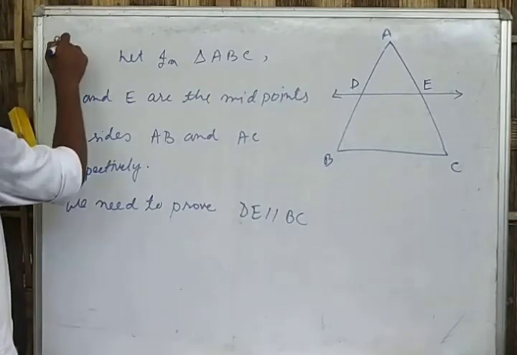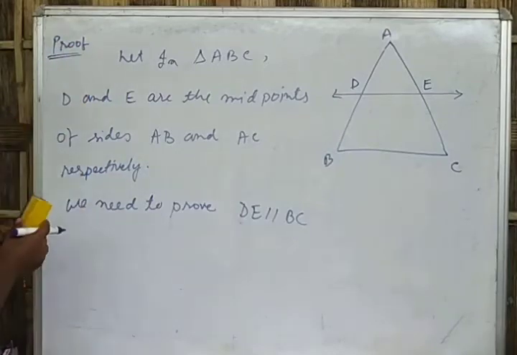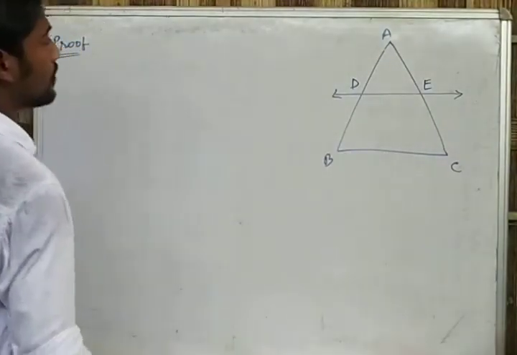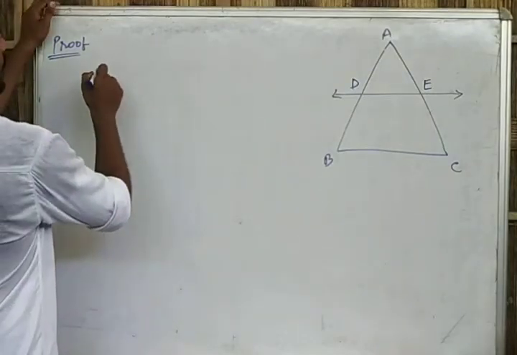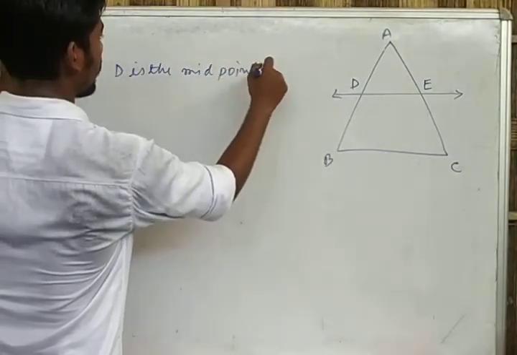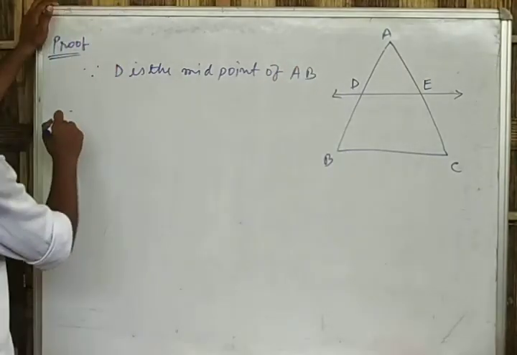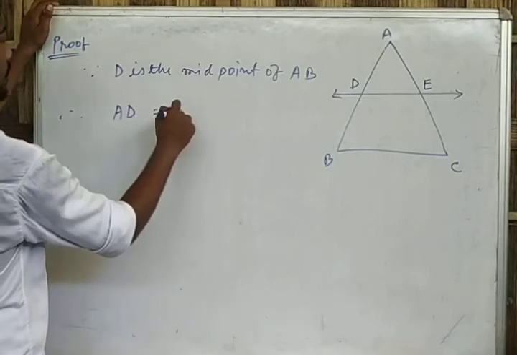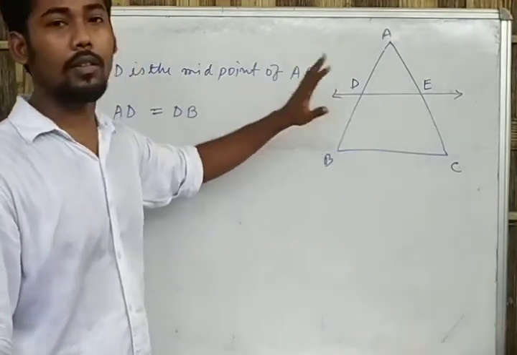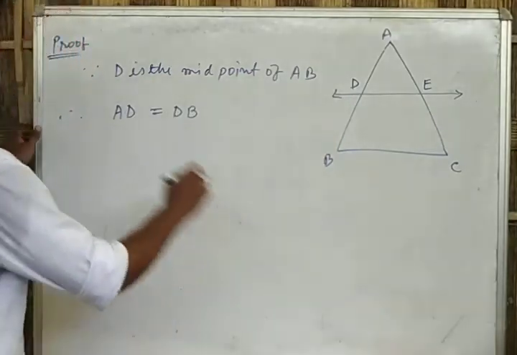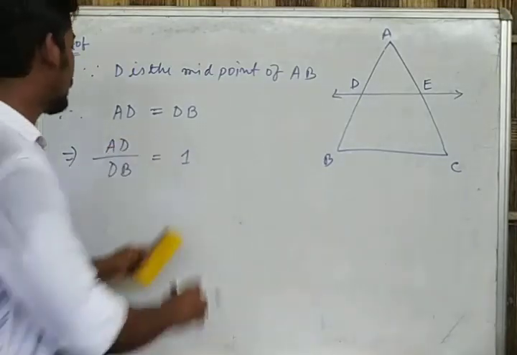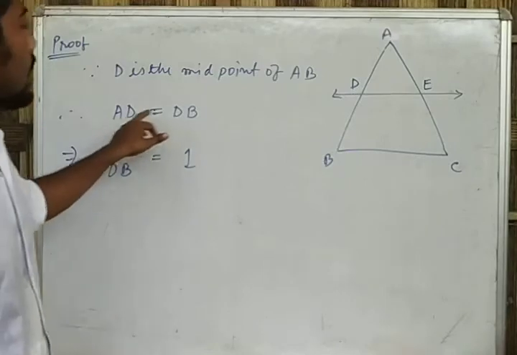Now I am going to prove it. Since D is the midpoint of AB, therefore AD equals DB.